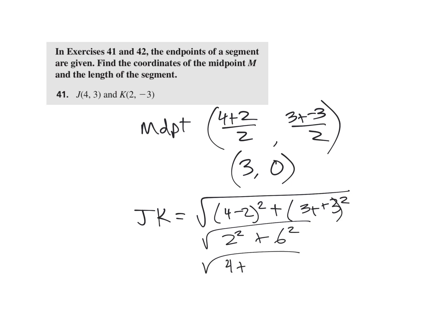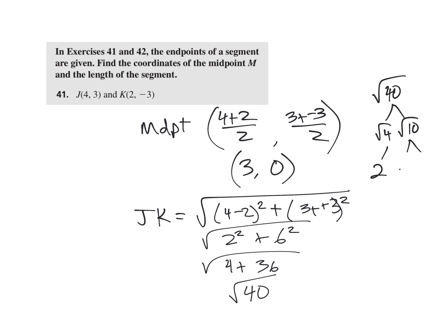So 4 plus 36 is the square root of 40. And it doesn't say how to do this, so I'm going to show you again. The square root of 4 times the square root of 10. You have to know how to do this. That's 2. And the square root of 2 and the square root of 5. So once you can't go any further, any radicals left over have to be put together. So this is 2 square root of 10.